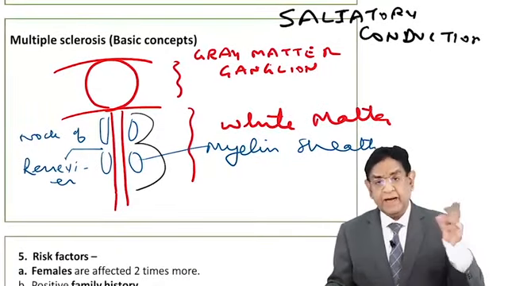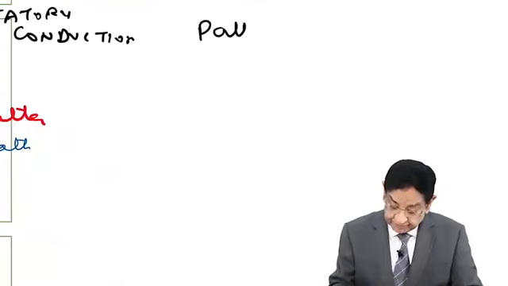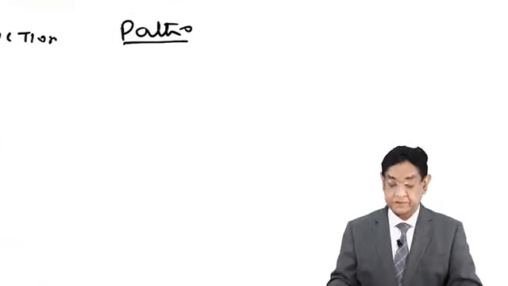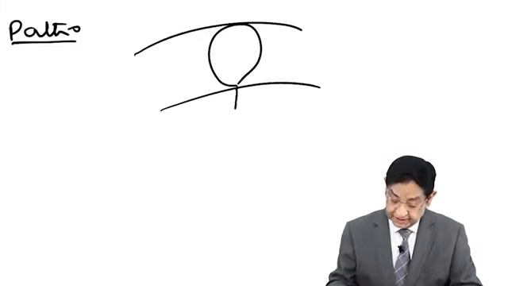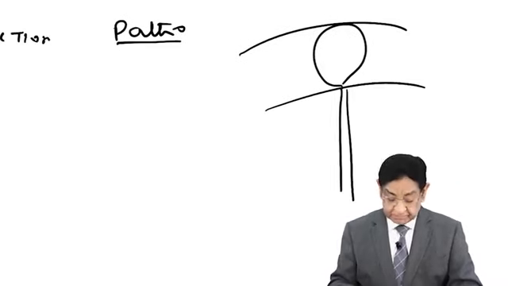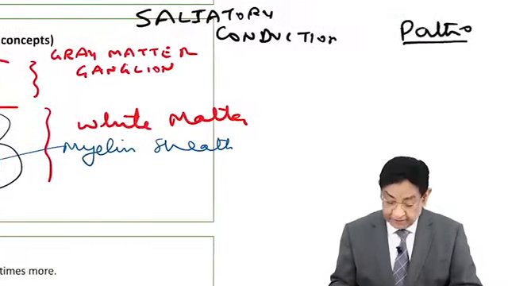So now what is the basic pathology in case of multiple sclerosis? Here the myelin sheath disappears. So that's why we call multiple sclerosis a demyelinating disorder.